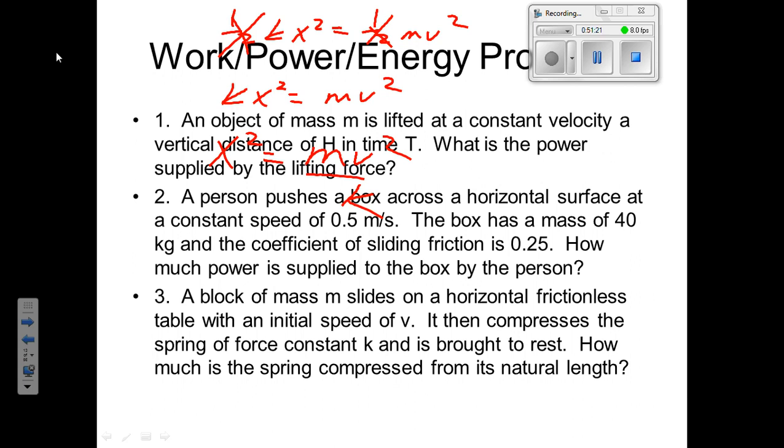Then we take the square root of both sides. So x equals the square root of mv squared over k, which for some reason the AP people like to simplify by taking the square root of the v squared. So they write it this way: v times the square root of m over k. Either one of those would be right answers, though.